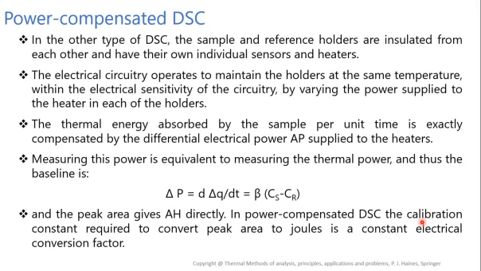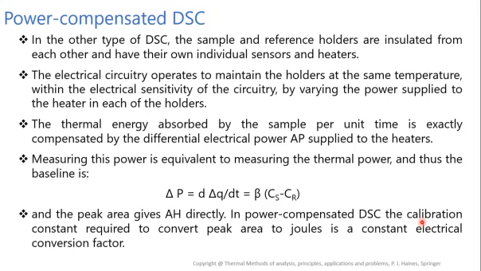Then the next one is the power compensated DSC. In this other type of DSC, the sample and reference holders are insulated from each other and have their own individual sensors and heaters. In the heat flux DSC, there is a single heater, but in the power compensated DSC, the holders are insulated from each other, and hence there are individual sensors and heaters.